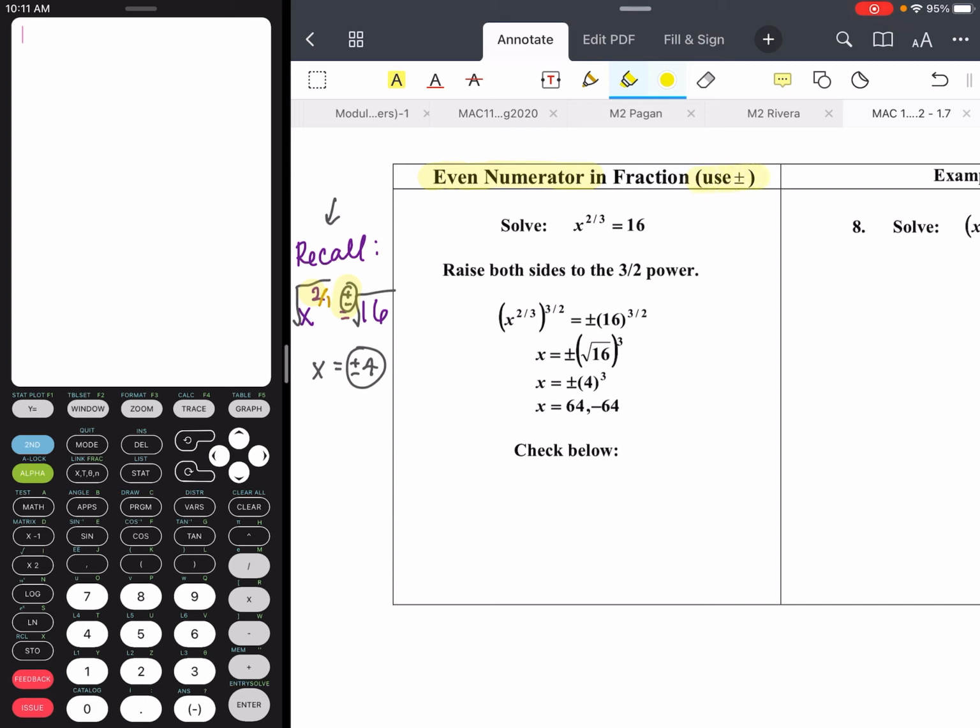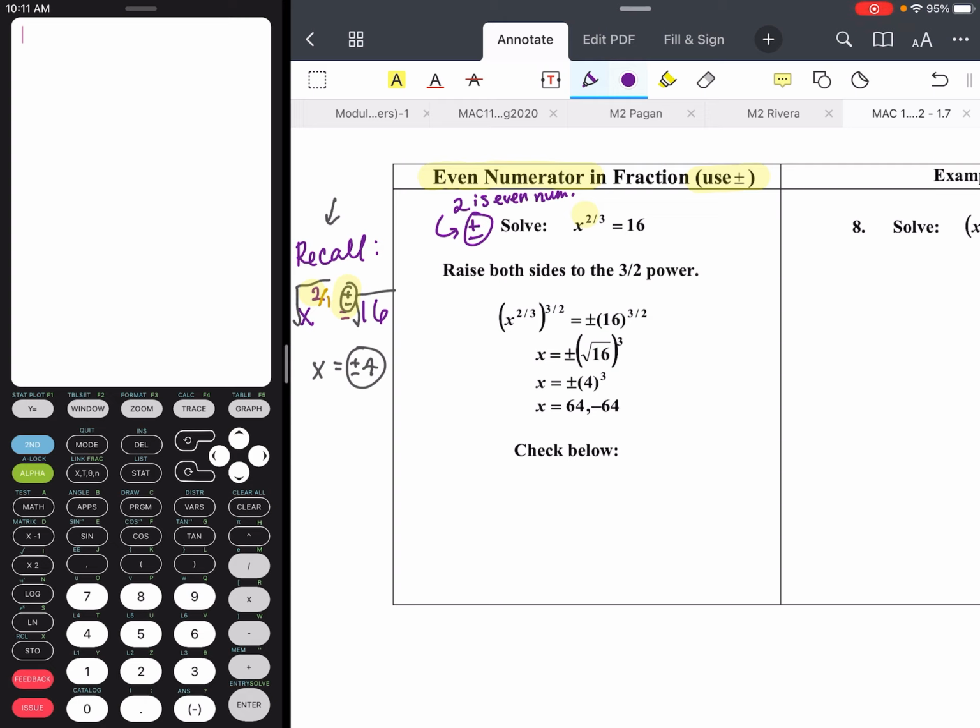So in this example here where it says x to the power 2/3 equals 16, my 2, my numerator in the fraction, is an even number. So I know that I'm going to be using my plus or minus. So even as you're working this out, as soon as you remember that you have that even numerator, you might just want to write plus or minus over to the side to give yourself a visual reminder to do that.